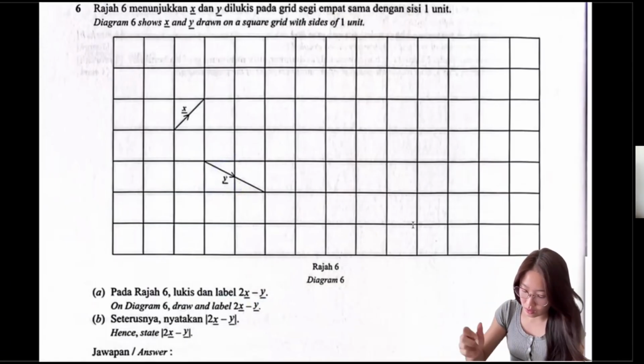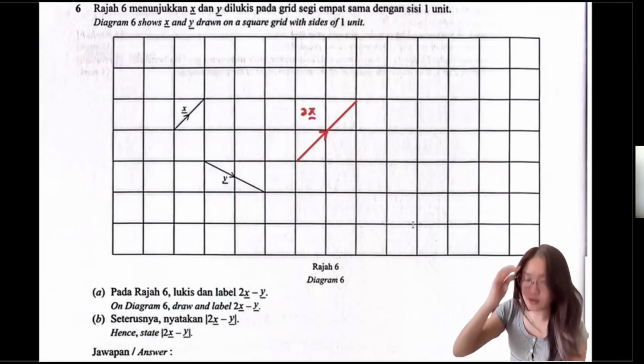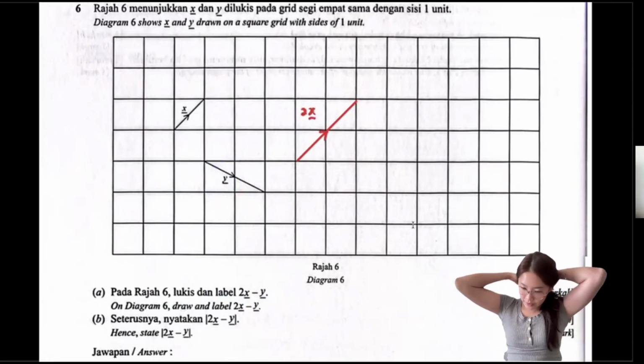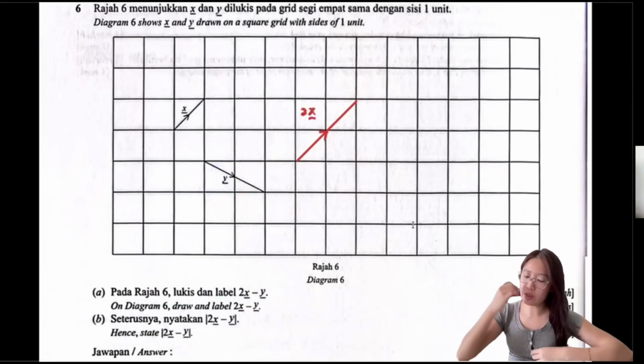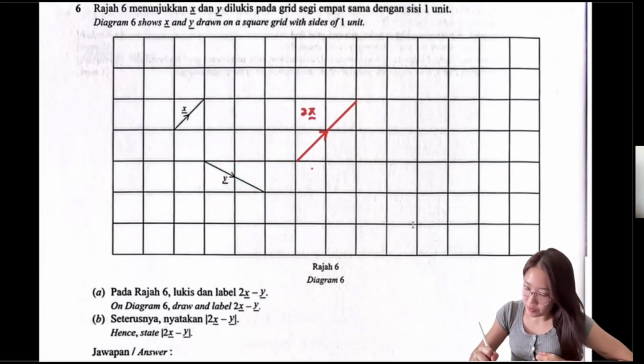So if you need 2x, 2x means this is 1, this is 2, so going up like this. Then you write here 2x, 2 vector x. Then how do you attach the y? Normally your y, the normal one, is going down. Opposite direction means going up. So when it goes up, you can attach your y over here.